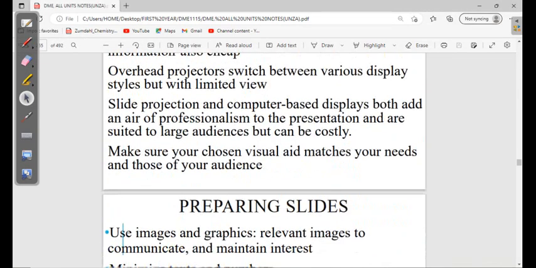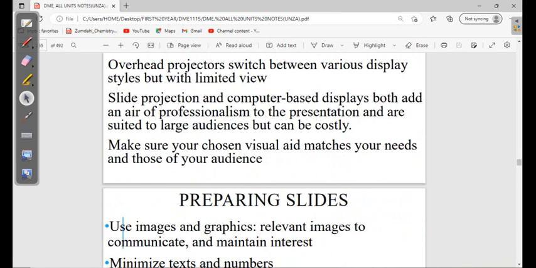We can also have an overhead projector. Overhead projectors are very much used in an audience where there are a lot of people, and they're actually better. Slide projections and computer-based displays both add an air of professionalism.